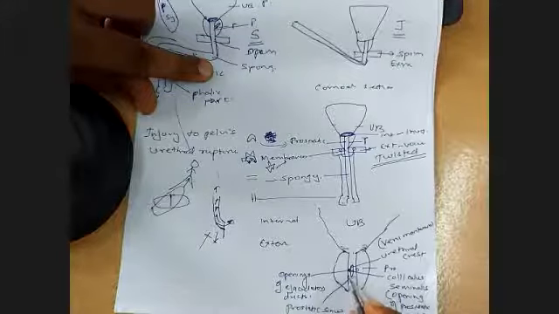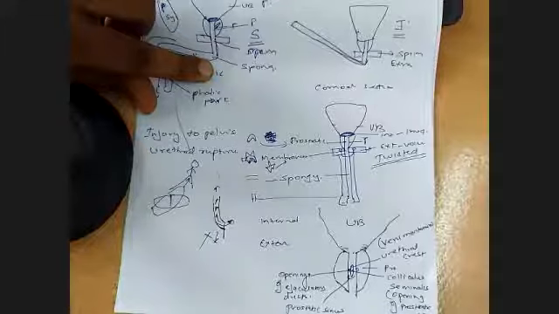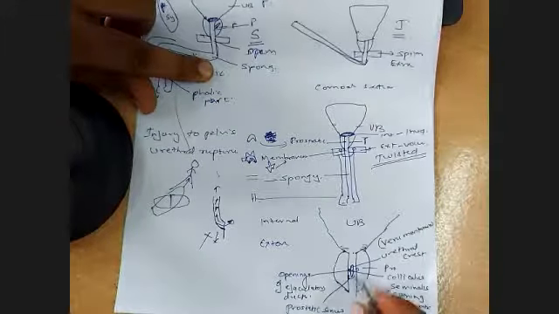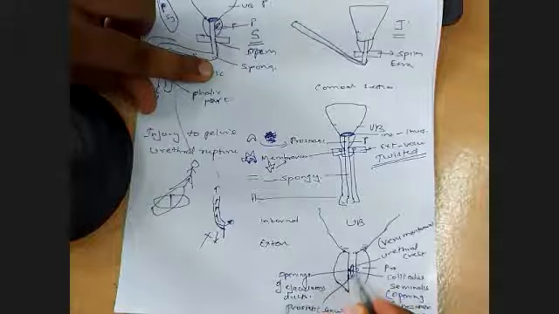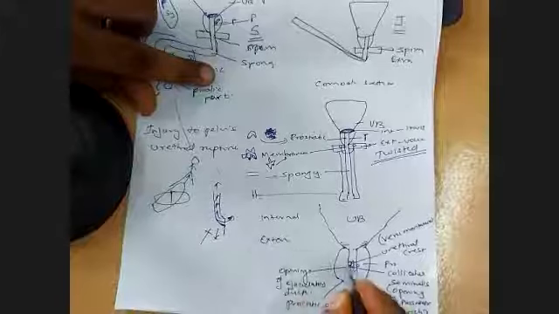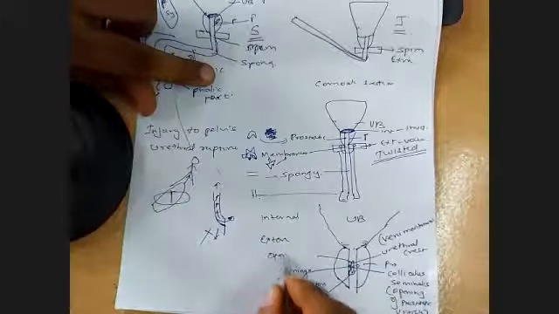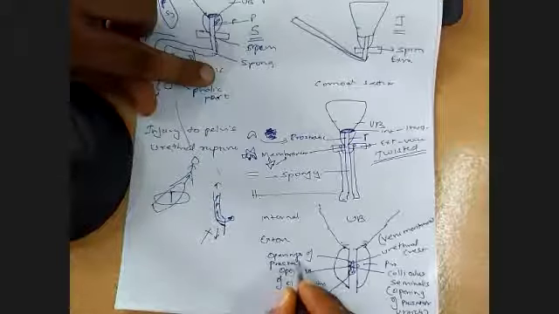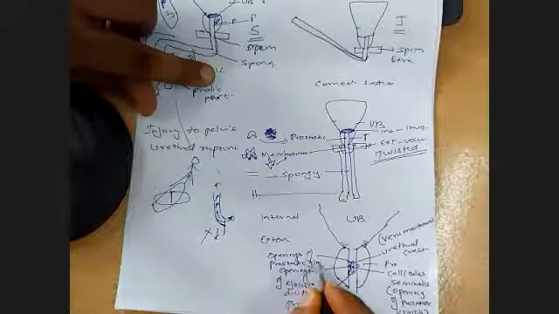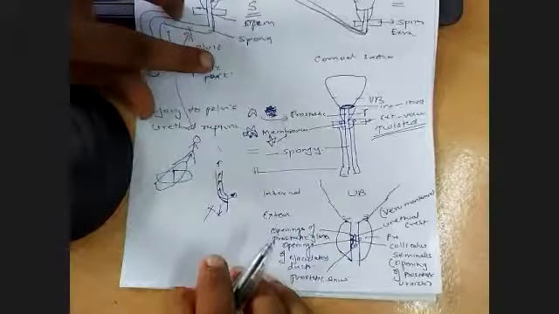On both sides there will be a space called the prostatic sinus. These are just vertical grooves on the side of the urethral crest, and in this prostatic sinus are the openings of the prostatic glands. So the prostatic urethra you need to know in detail.